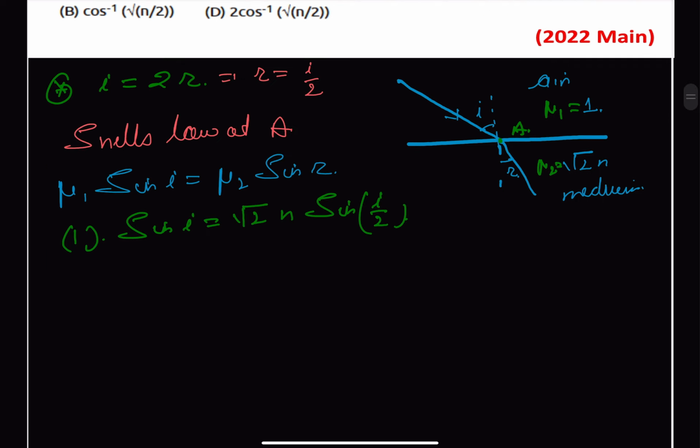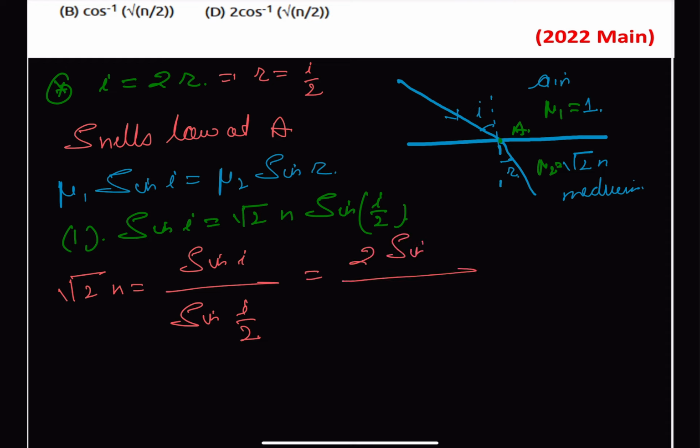Therefore, we get that square root of 2n is equal to sine of I upon sine of I by 2, and we can use the half angle, so this will be 2 sine of I by 2 cos of I by 2 divided by sine of I by 2.